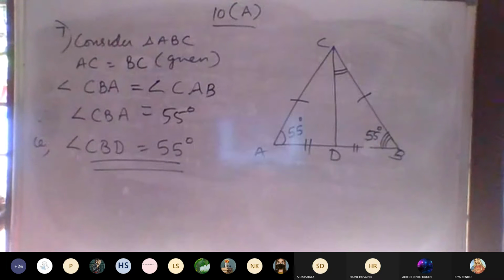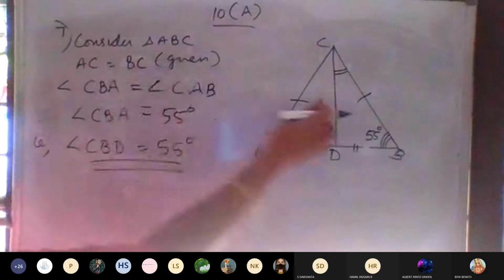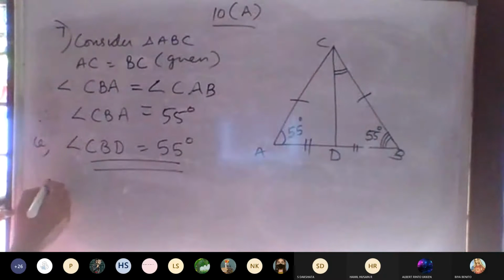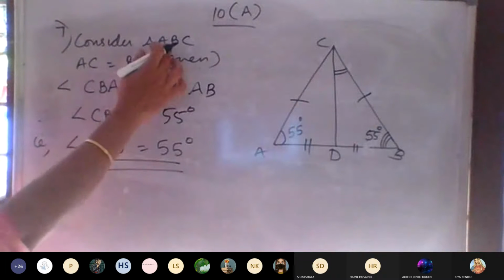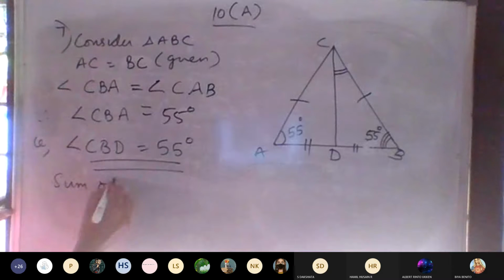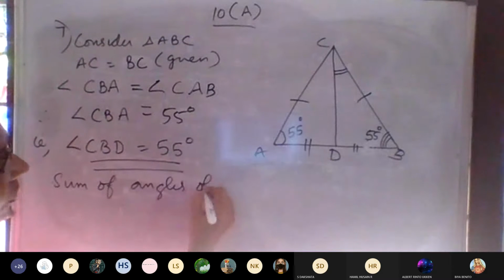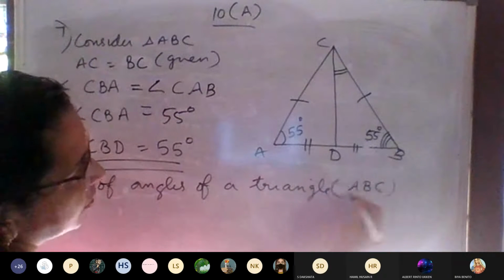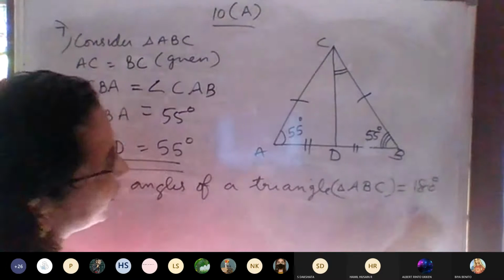Then how to do the second one? Angle DCB we have to find out. If we consider this whole triangle ABC with two angles we got, then what will be angle C? The sum of angles of a triangle is 180 degrees.